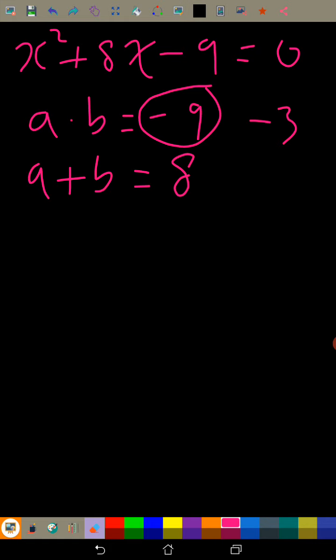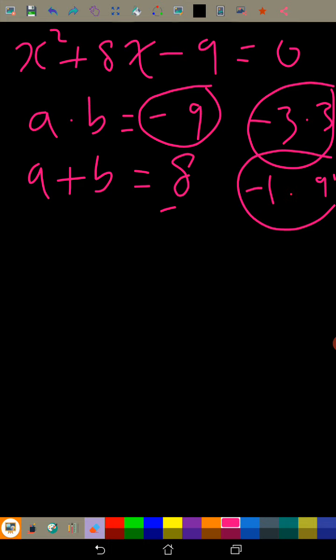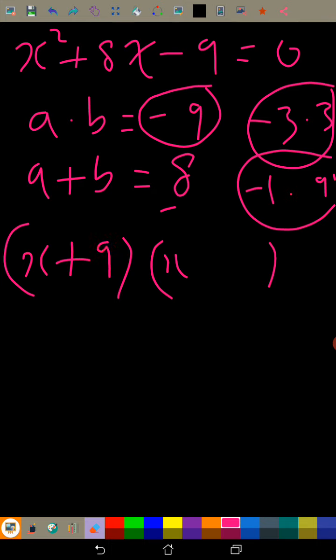I can have minus 3 times 3, but the addition will not give us 8, right? No, I'm afraid no. But if we have, for example, minus 1 times 9, we might get 8. So for that reason, I'm going to say that we can have plus 9 here and minus 1.